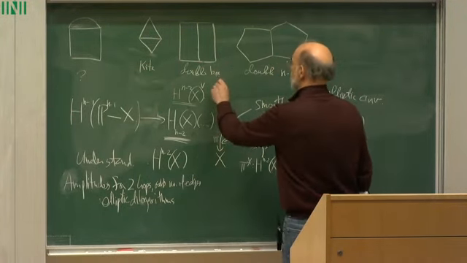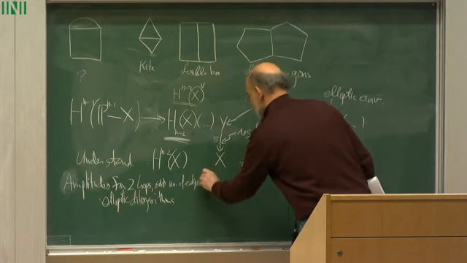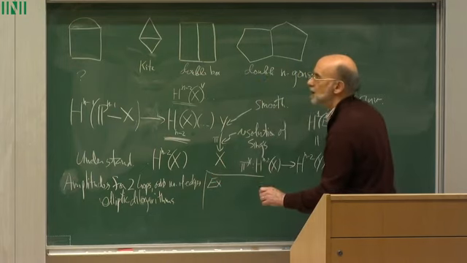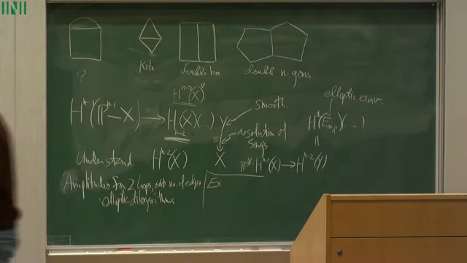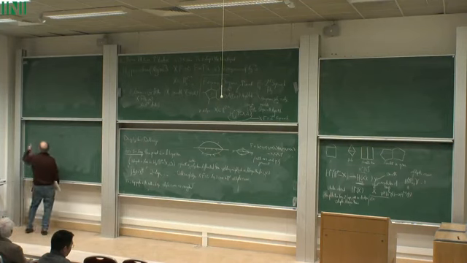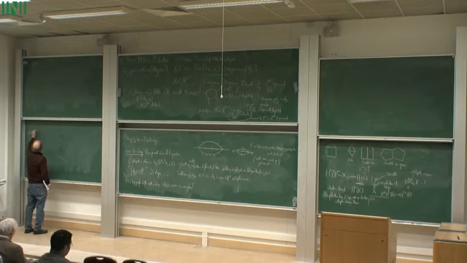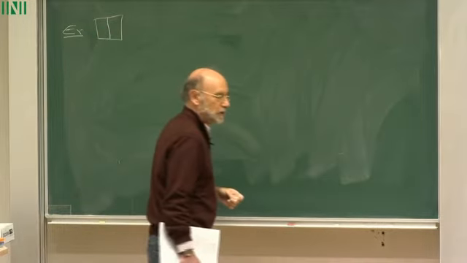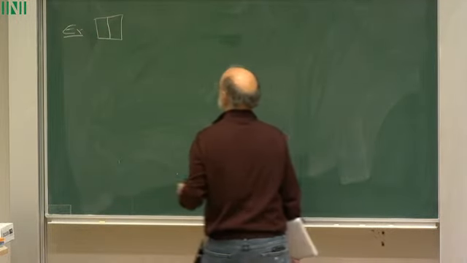So by way of example, the double box has 1, 2, 3, 4, 5, 6, 7 edges. So it's a hypersurface.